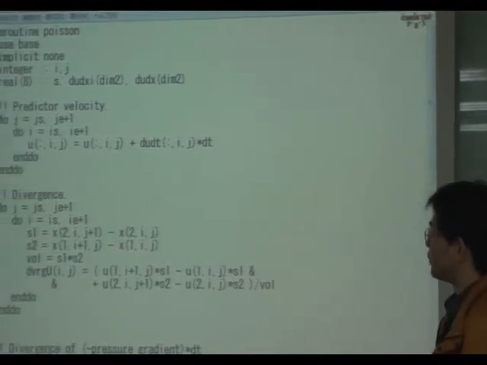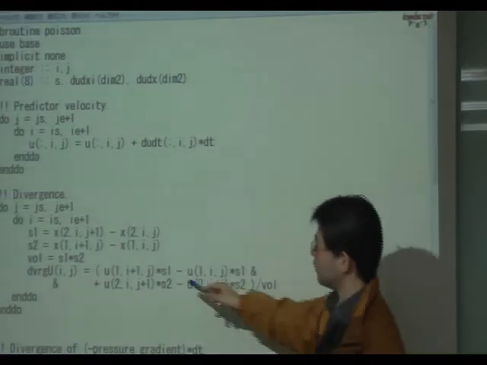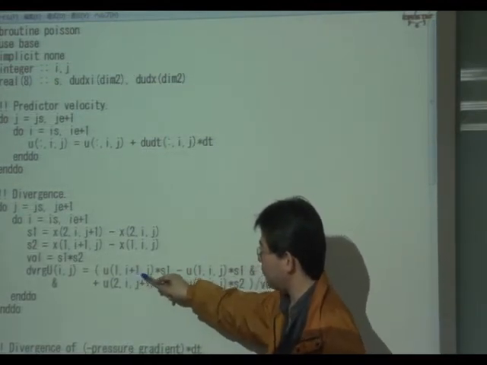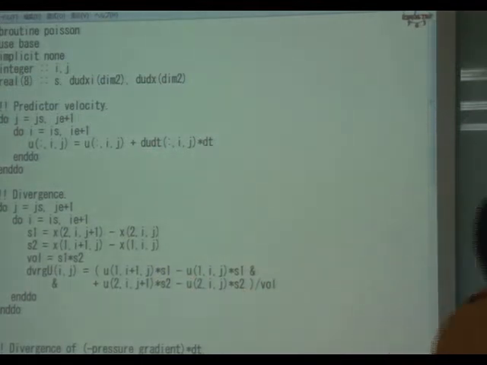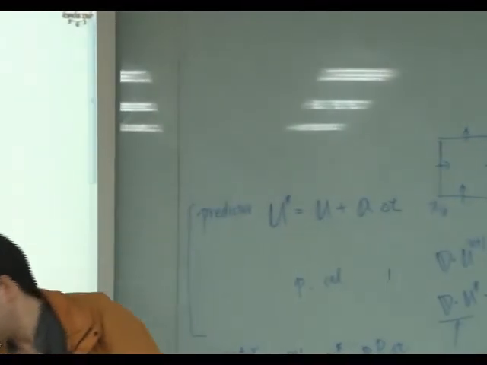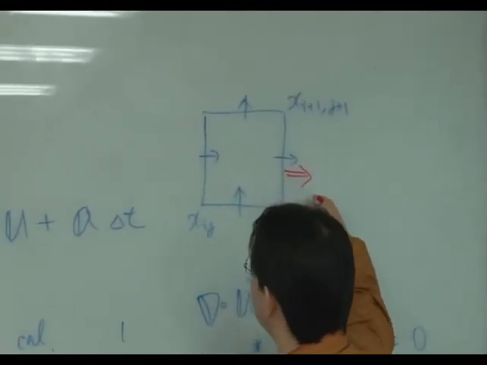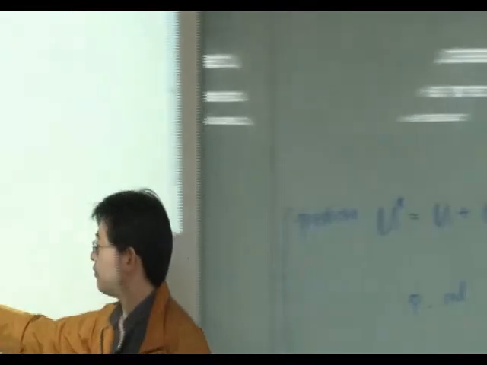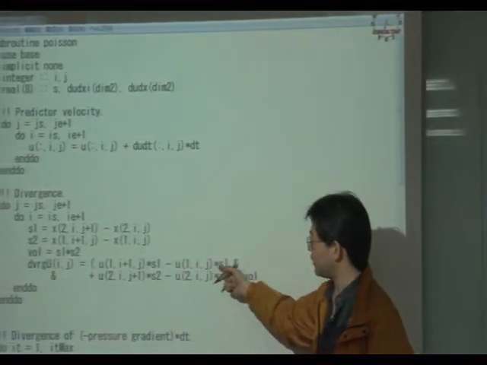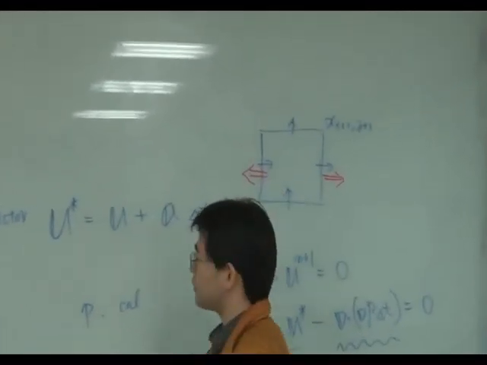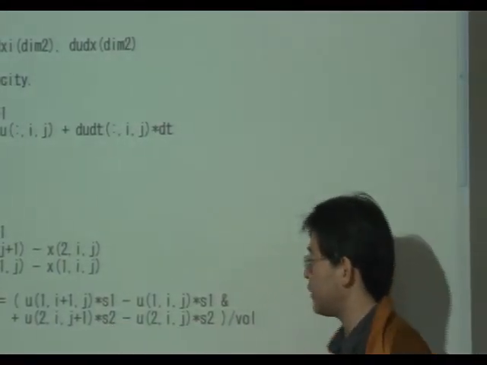Then the divergence of this control volume is U1 i plus 1 times S1, the first one being the escaping flux from this surface, and minus U1 ij times S1, for this surface, and U2 j plus 1 times S2.